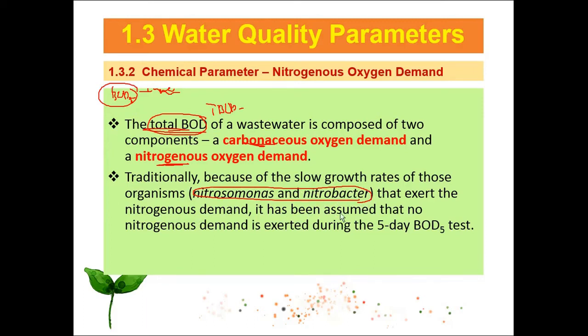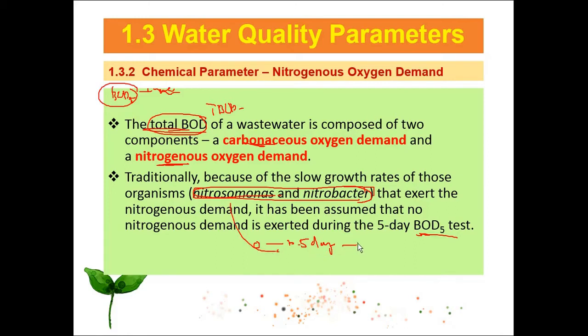It has to be assumed that the nitrogenous demand is not exerted during the 5-day BOD test. It is there, but it is too slow. During day 0 to 5, these nitrogenous organisms are not active. They are there but slow within 0 to 5 days.